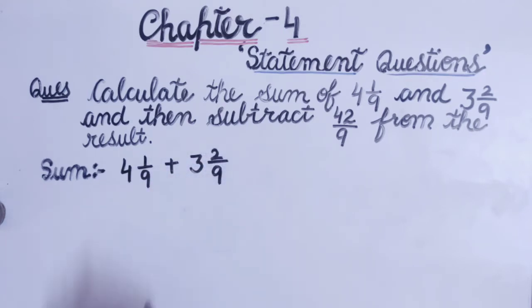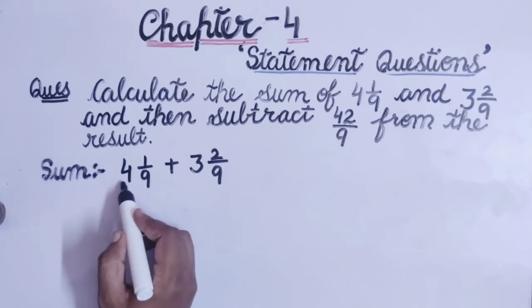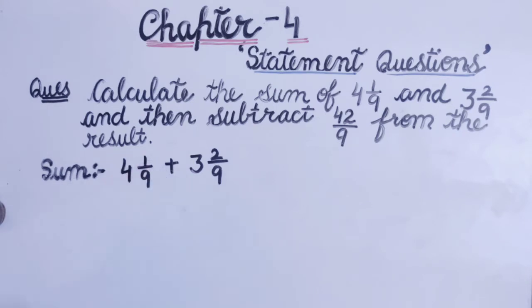Students, see here, these fractions are mixed fractions. So first of all, we will convert them into improper fractions. For that purpose, we have to multiply the denominator with the whole part and add the answer to the numerator.